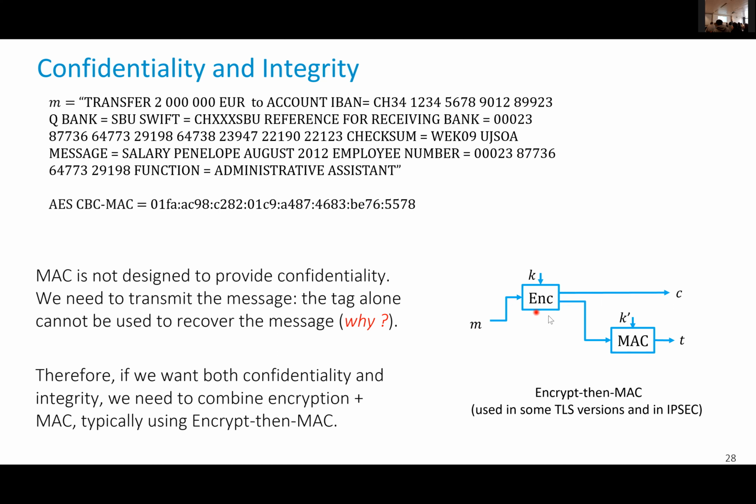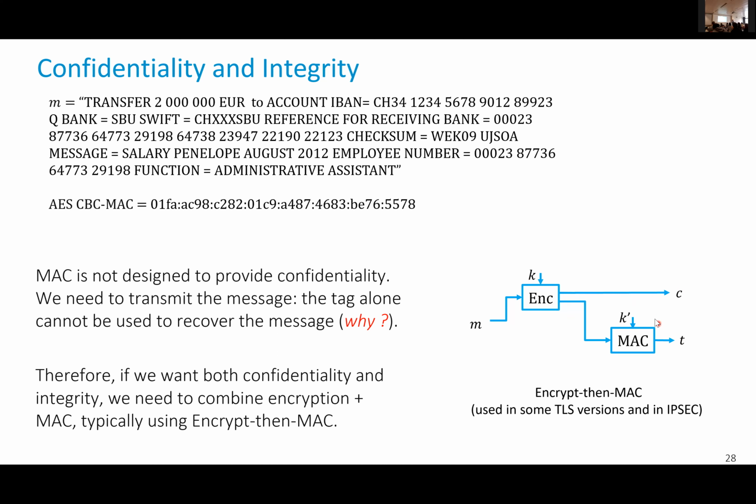One way to do it, which is the widespread one, is first we encrypt the message with a key. We obtain the ciphertext C. The ciphertext is then validated with the tag, which gives us the tag T. So what I will receive is C and T. T is validating the ciphertext, which of course will not help anybody if you don't know what the ciphertext means.